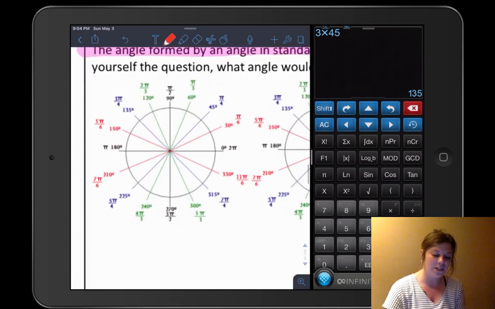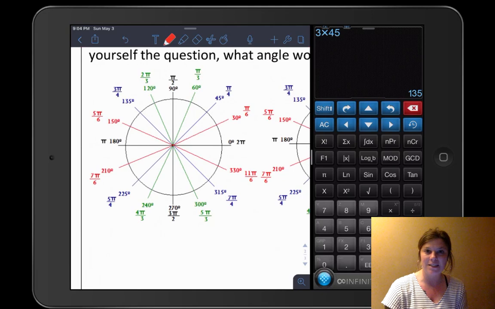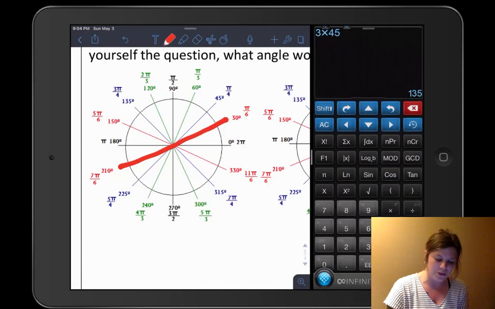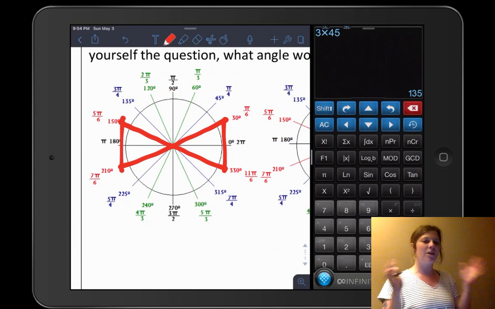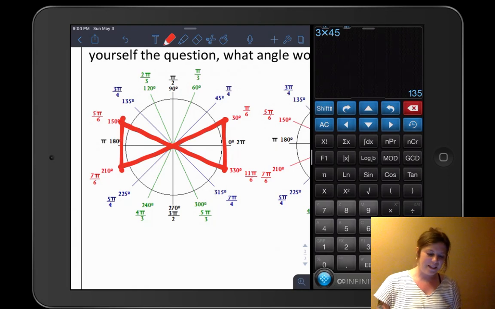Take a look at these red lines in our unit circle. If you were to draw this way and draw this way, they make a bow tie, right? That you'd wear around your neck, or just a bow.